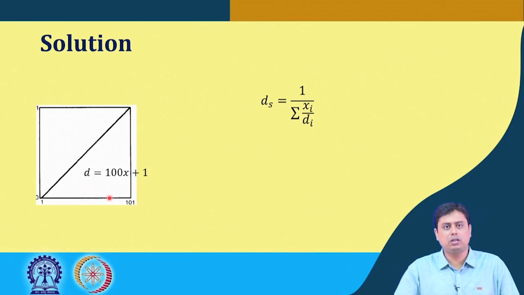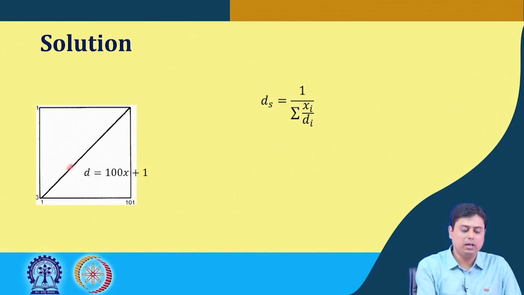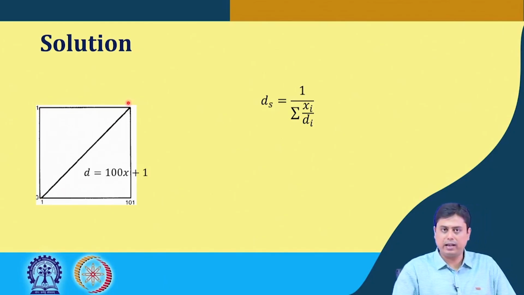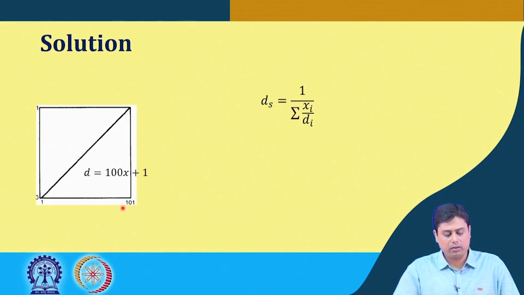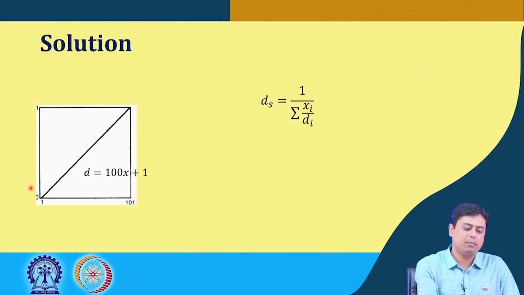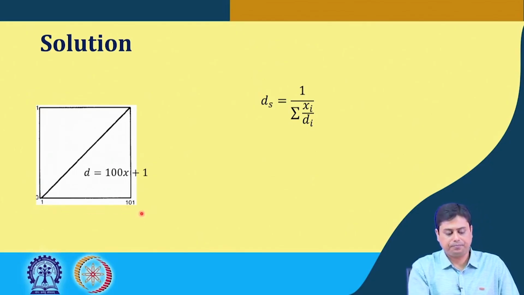This is a linear distribution, so you can easily find the equation for this straight line from the two points we have been given: 0 mass fraction for 1 micron size, and 100% mass fraction for 101 micron size. The y axis is the mass fraction from 0 to 1 and the x axis is the particle size range in micron. So the size distribution is d equals 100x plus 1.